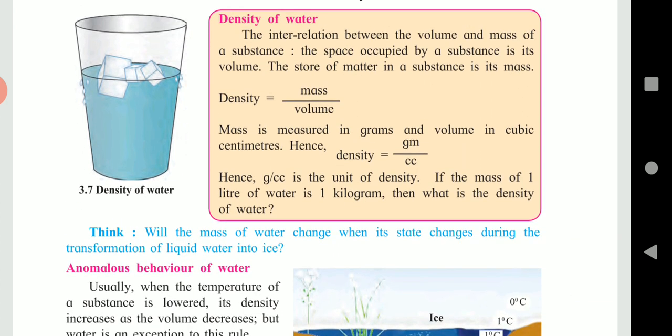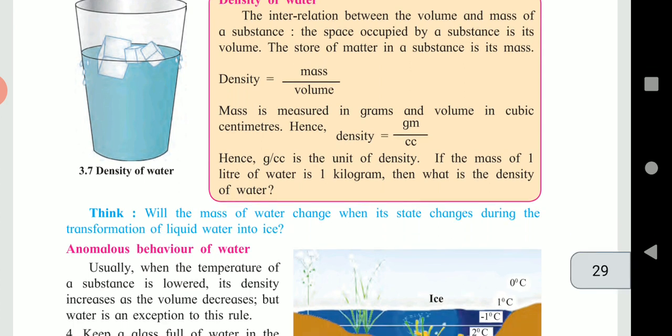Now see here, if the mass of 1 liter of water is 1 kilogram, then what is the density of water? Let us calculate it. What is the formula of density of water? Density of water is equal to mass upon volume.